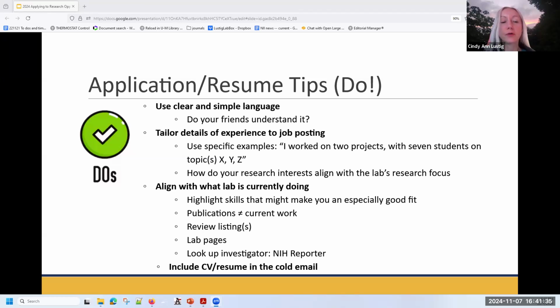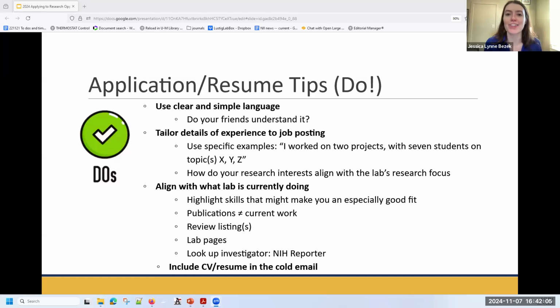Whereas, if you use Google Scholar and sort by date, it will put the more current ones, and often even things that folks may have not had peer reviewed yet, but that are sort of their papers in progress that they've put up onto bioRxiv or SciArchive. And those are really great if you can find those, because that means this is something that's a really active project in the lab. So definitely take a look at that and see if it might be something that appeals to your interests.